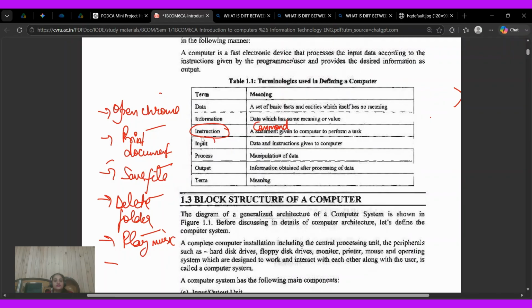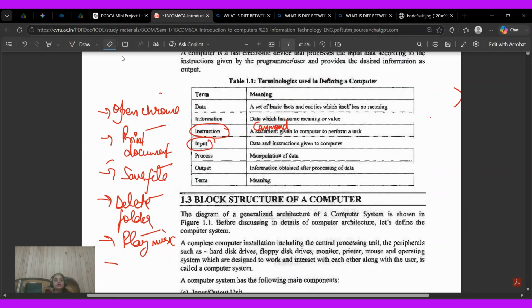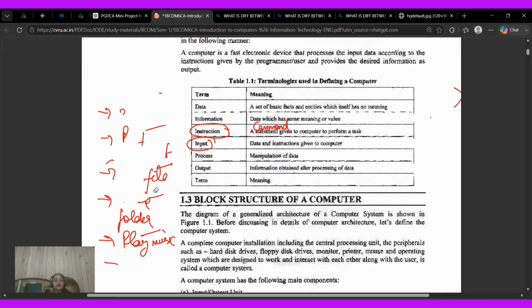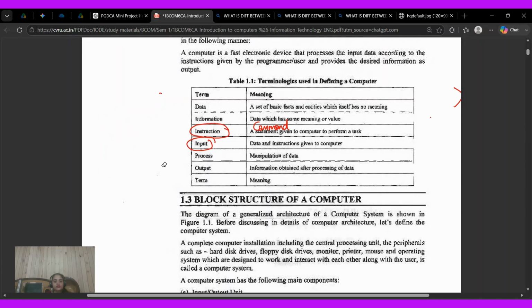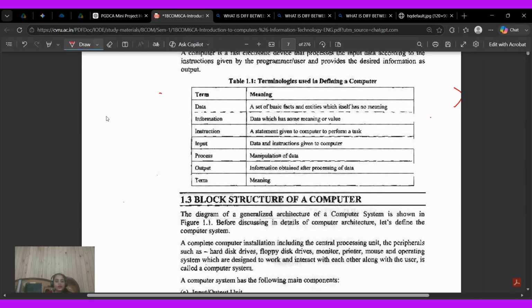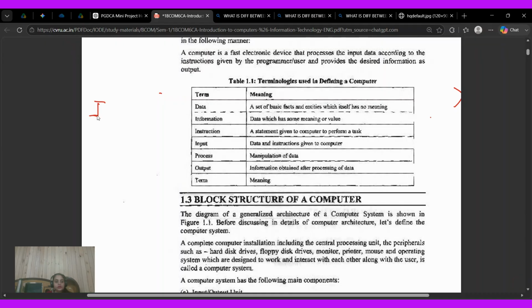Now the next thing is input. What do you mean by input? Input is the data and instructions which are entered into the computer. Very important, don't get confused between them.